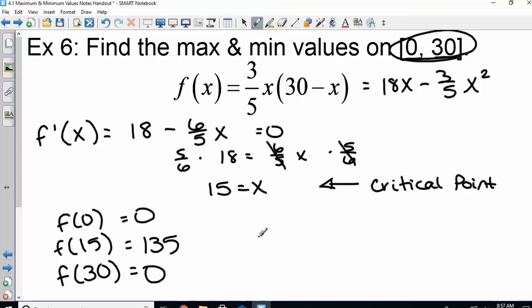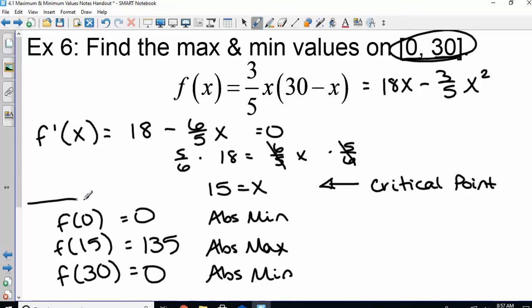So, my minimum is your lowest y value, which we actually have a tie. So this would be a minimum. Technically, I should say absolute min. If you just said minimum, that's fine too. And this would be our max, just on that particular interval.